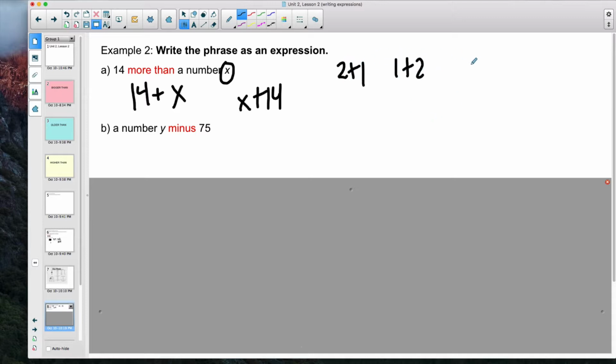But if this was subtraction, 2 minus 1 and 1 minus 2 mean two completely different things. So when you're dealing with subtraction, you've got to be very careful that you're ordering things properly. So a number y minus 75, that tells me that y minus 75, that's the proper order for that one.